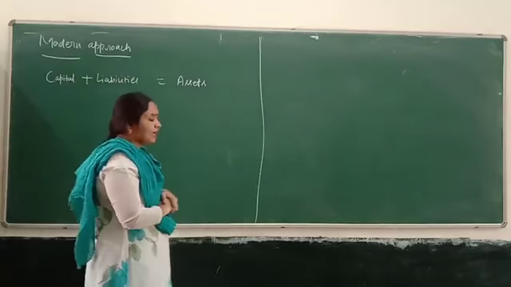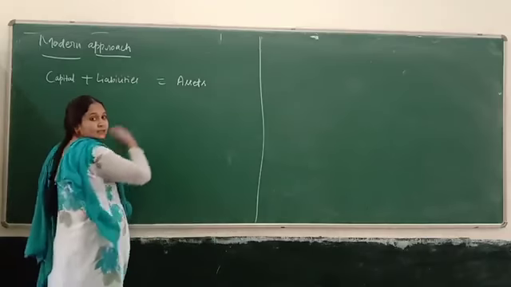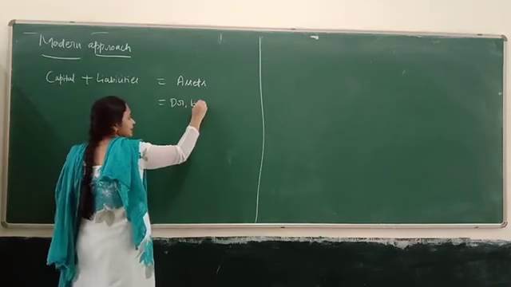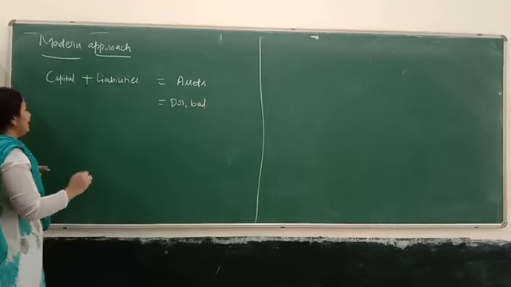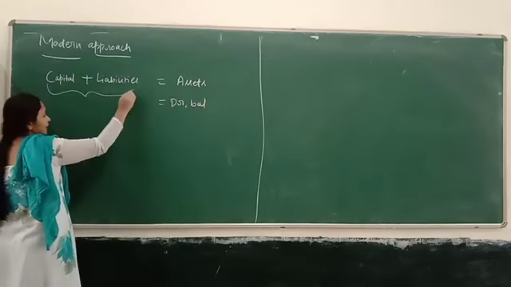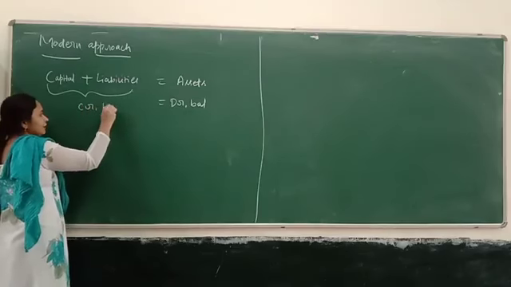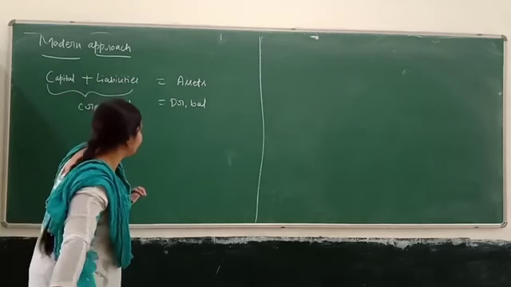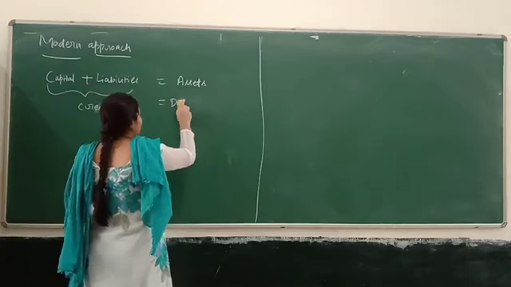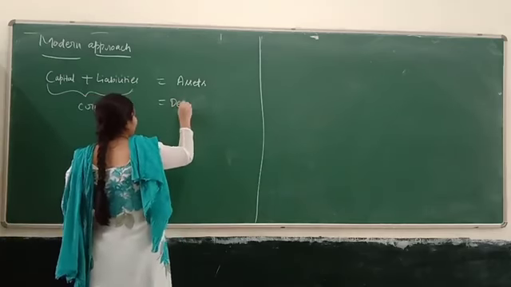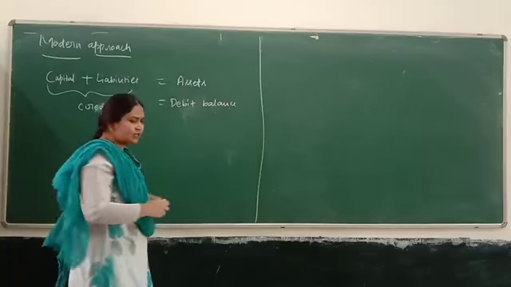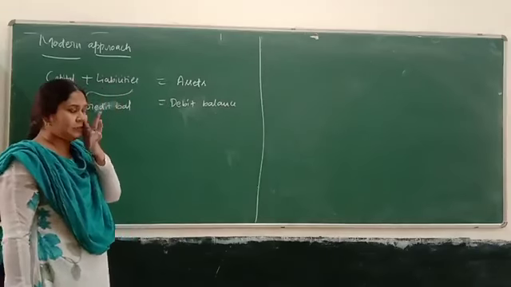Okay, always assets will have debit balance. And liabilities plus capital will have credit balance. CR stands for credit, DR stands for debit. So just now I have explained the rules.